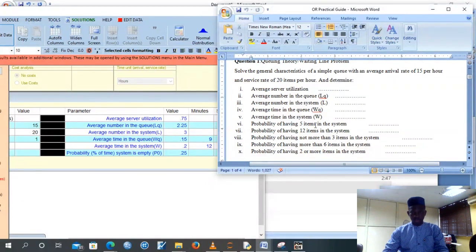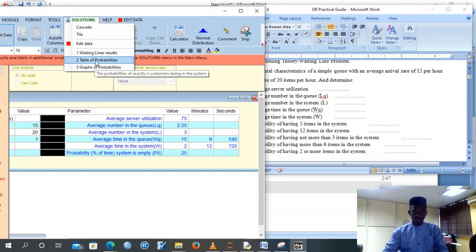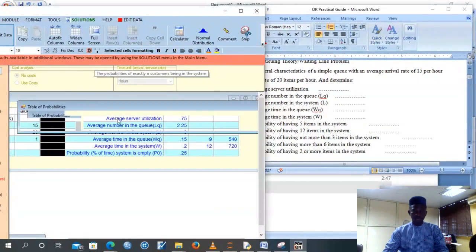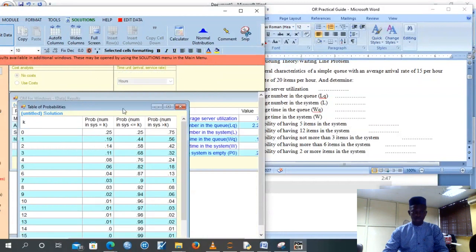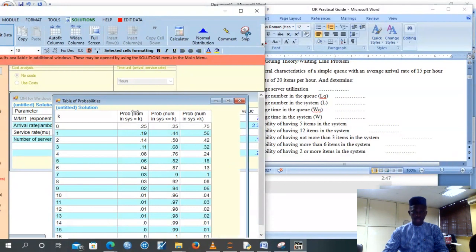The next one is probability of having 5 items in the system. To answer this, we need to go to this solution and open the table of probability. The first column here is the probability of a particular number, for example, probability that there will be k. Probability that there will be 2 is 0.15.